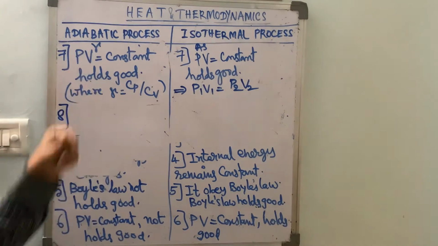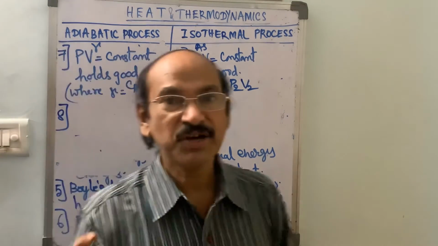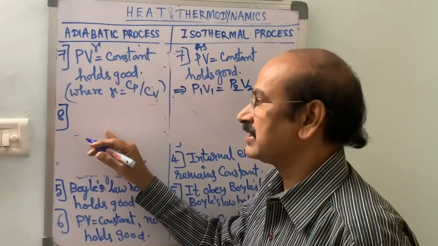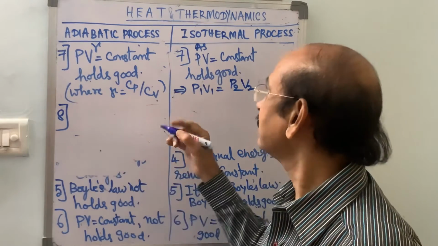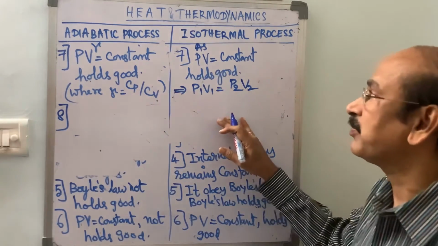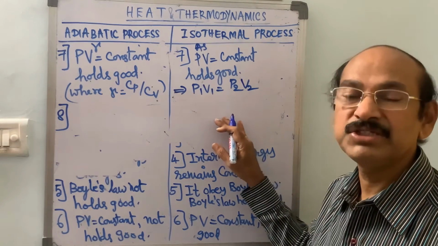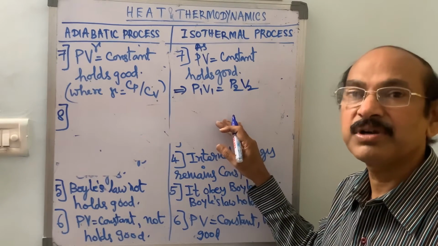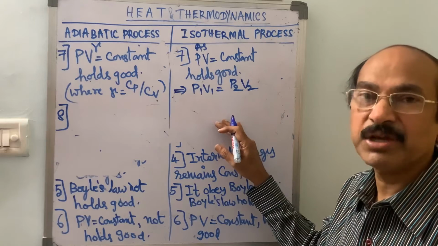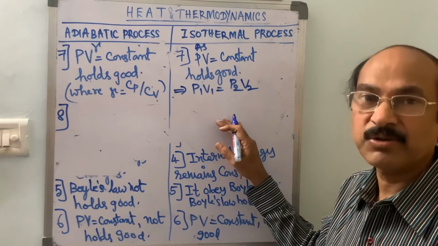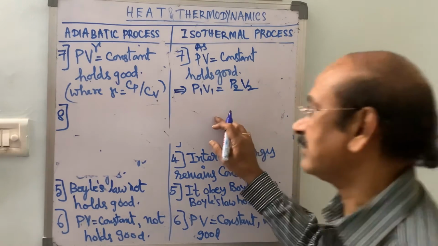Next, in adiabatic process, exchange of heat is not allowed between the system and the surroundings. But in the case of isothermal process, heat is exchanged between the system and the surroundings because the system is enclosed in a good conducting vessel.